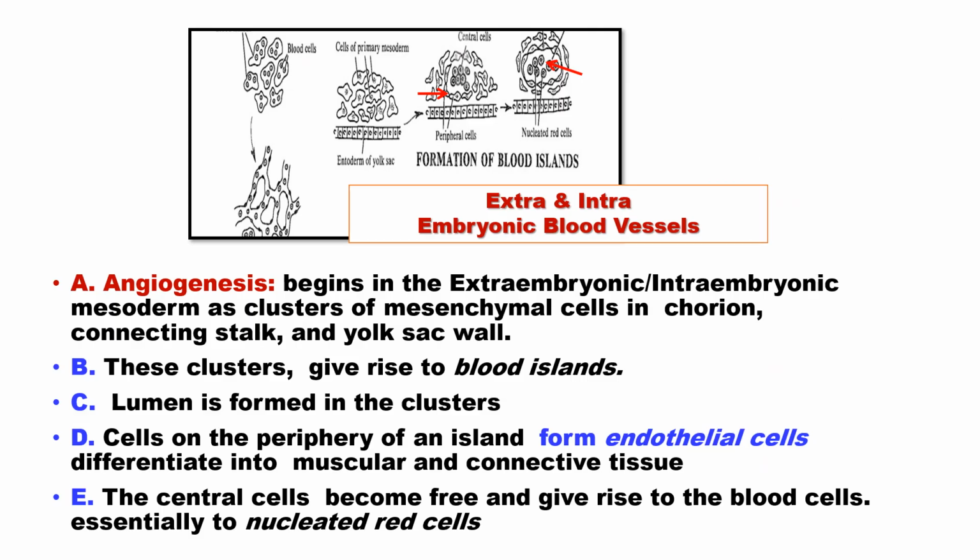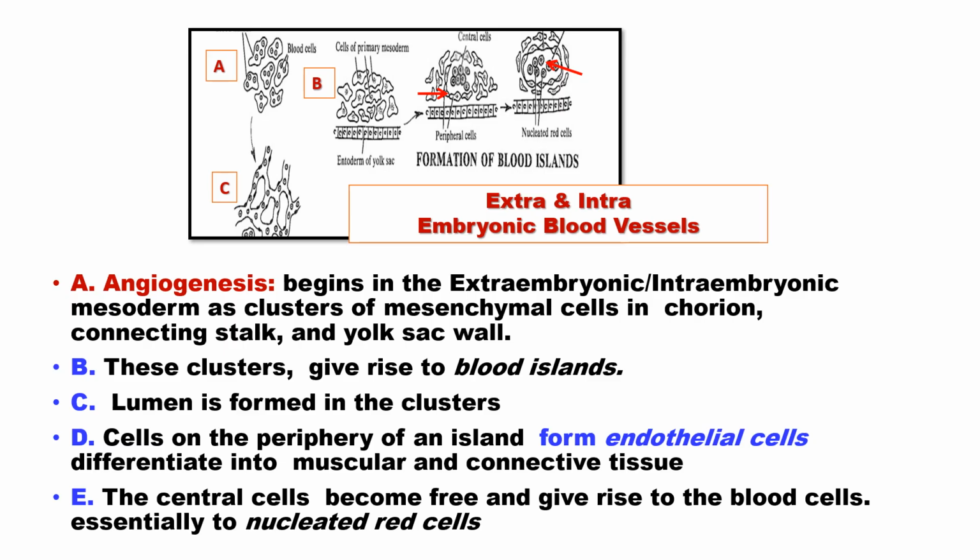Extraembryonic and intraembryonic blood vessels start by angiogenesis. They start in the mesoderm as clusters of mesenchymal cells in the chorion, connecting stalk and yolk sac wall. These clusters give rise to blood islands. Later, a lumen is formed in the clusters.